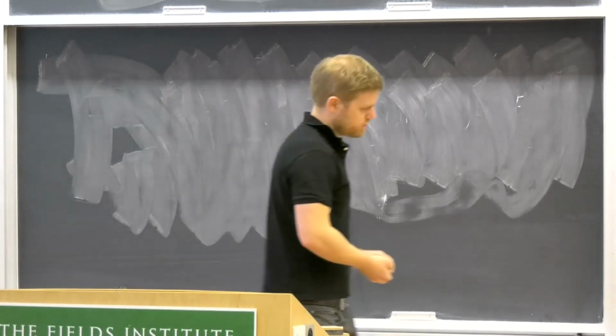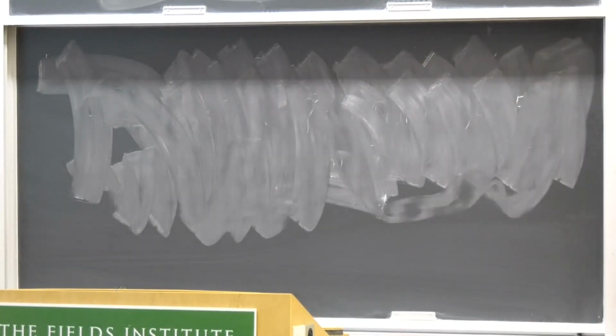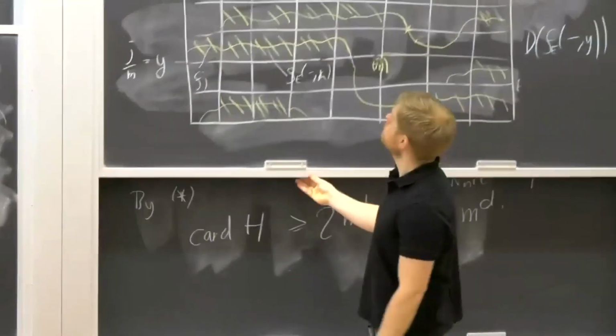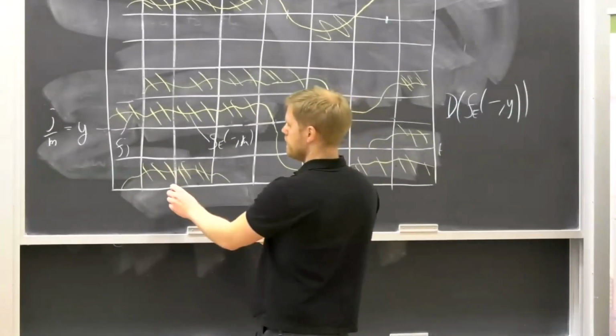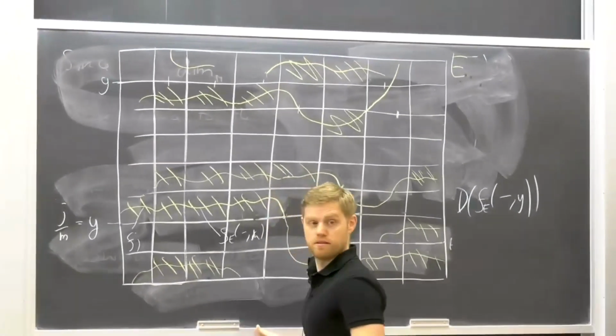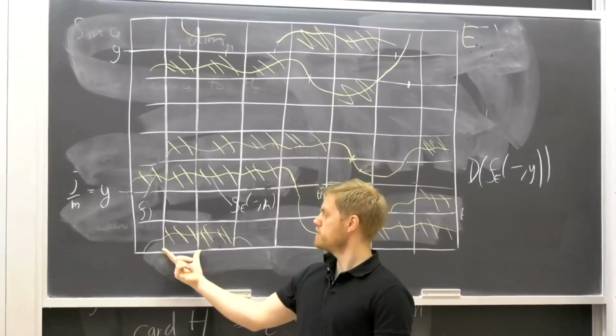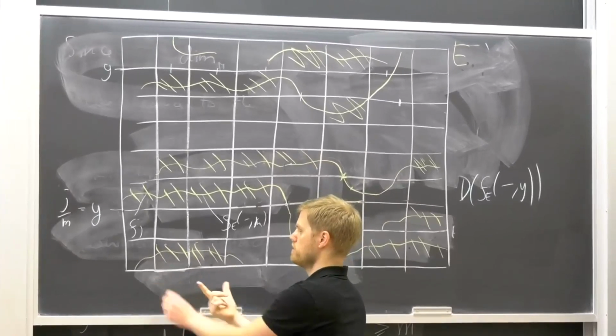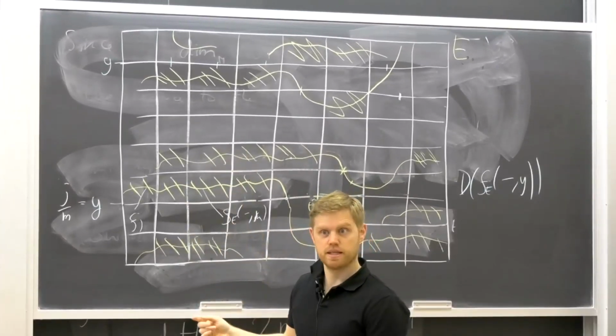So in this picture, I can draw this. Now we have seen that there are many yellow boxes, and suppose I take one of these down here. I know for this box, there are many yellow boxes above that.